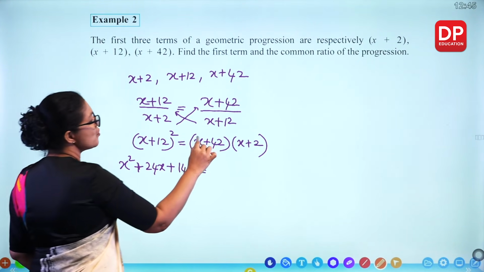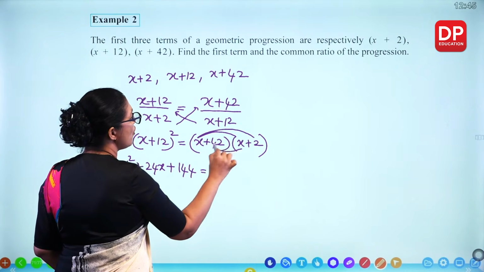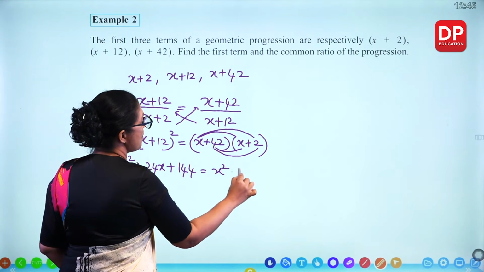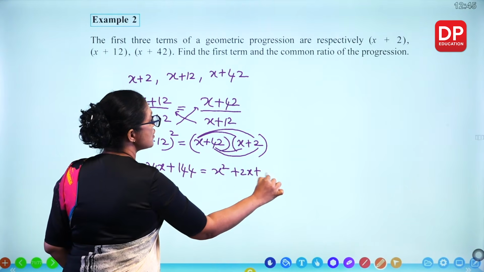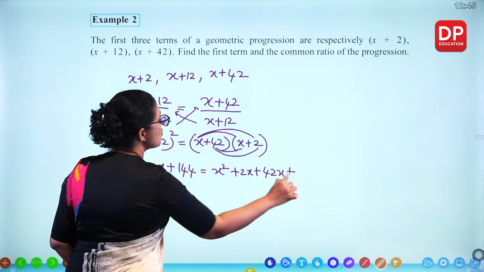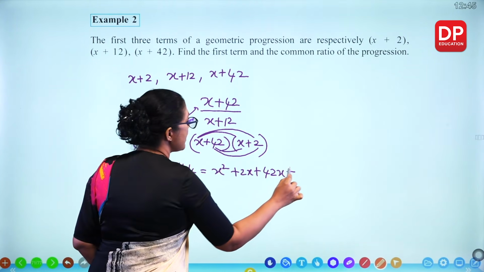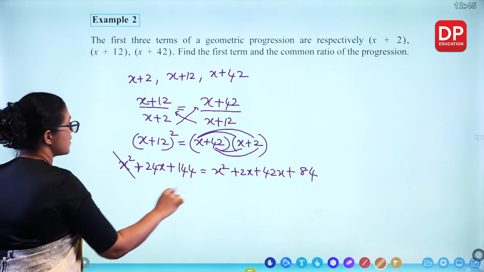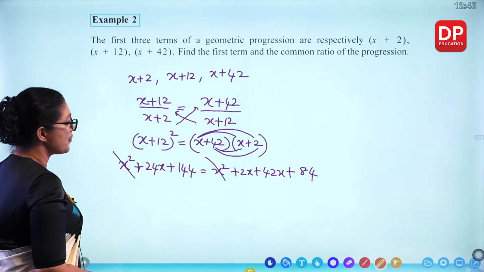This side, when you do FOIL or the rainbow method, you get x squared plus 2x plus 42x plus 2 times 42, I get 84.